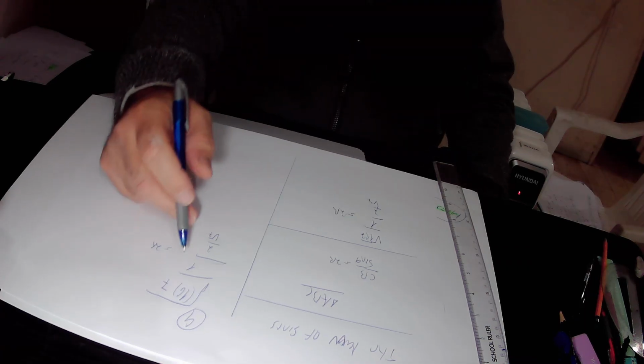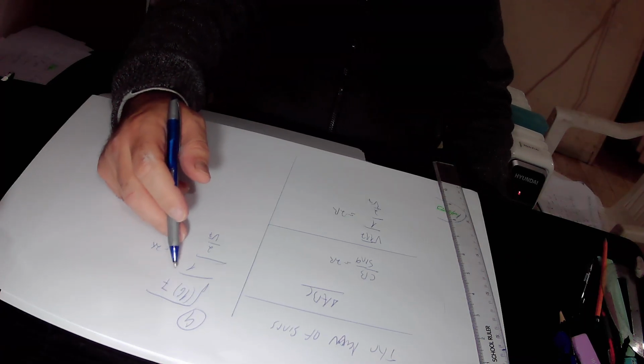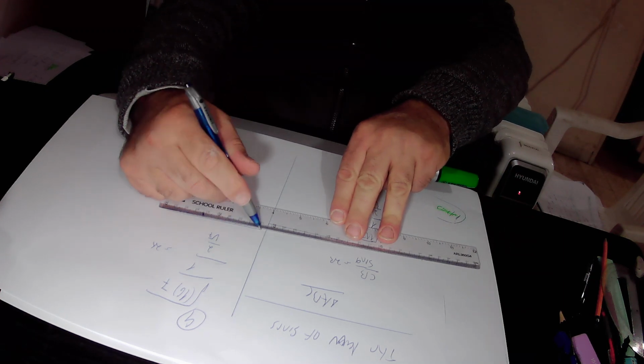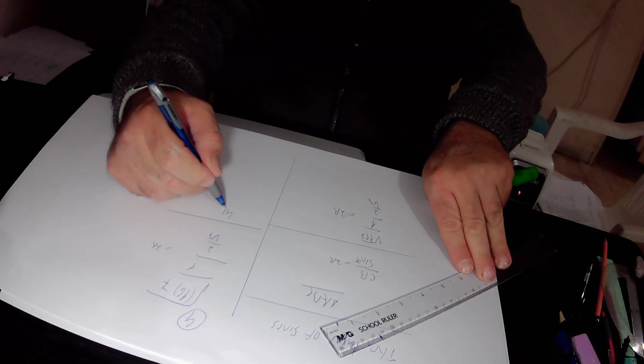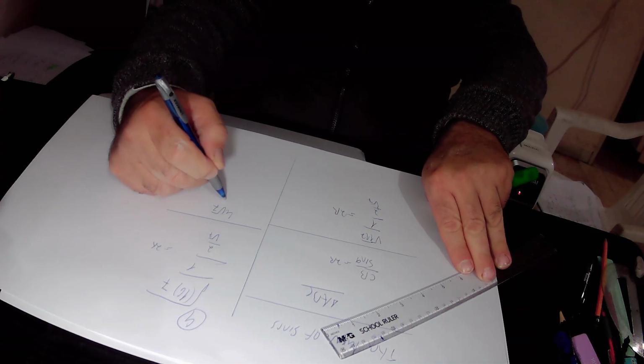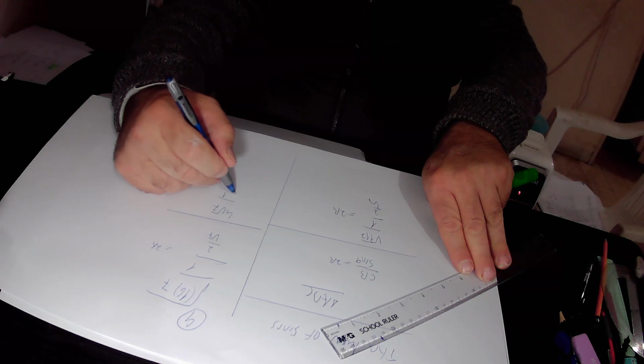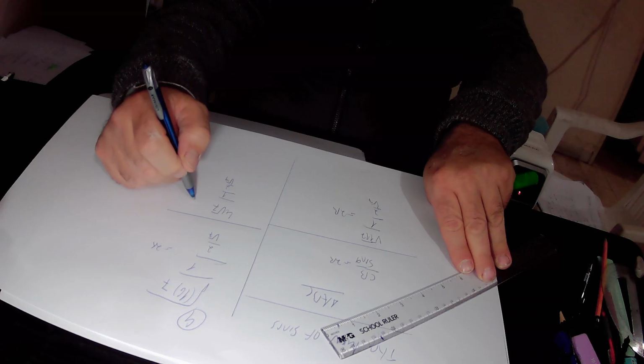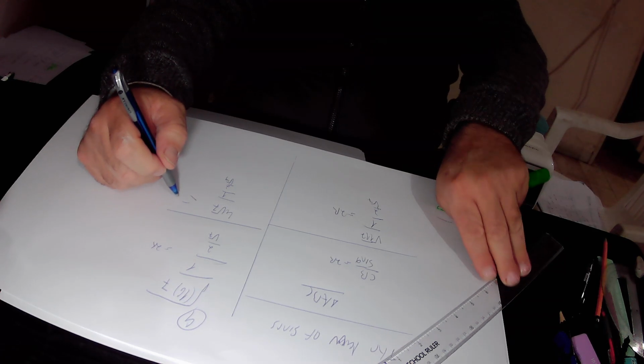We know that the square root of 16 is 4, so we take 4 out of the root. Inside the root we are left only with 4 times square root of 7 over 2 over square root of 7 equals to 2R.